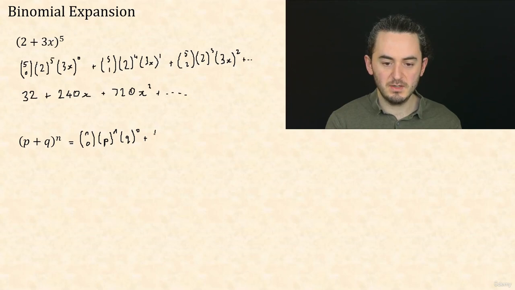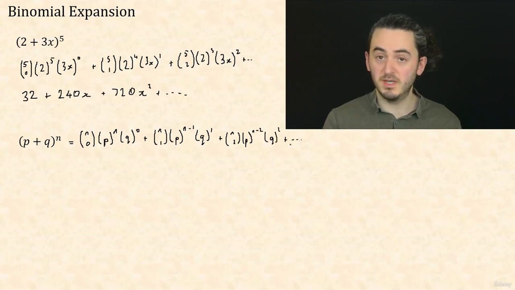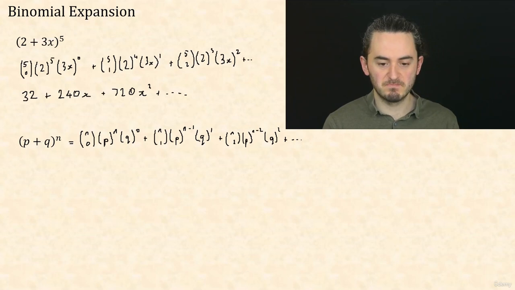And in our next term we have n choose 1, and then we've got all but one of the p's, so p to the n minus 1, and then we've got q to the power of 1, and so on. N choose 2, p to the power of n minus 2, and q to the power of 2. And this is going to continue until we've got through all of our terms.